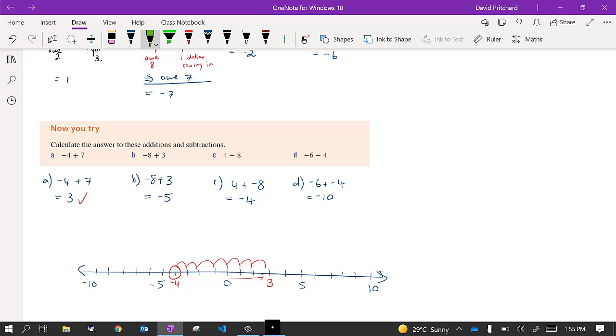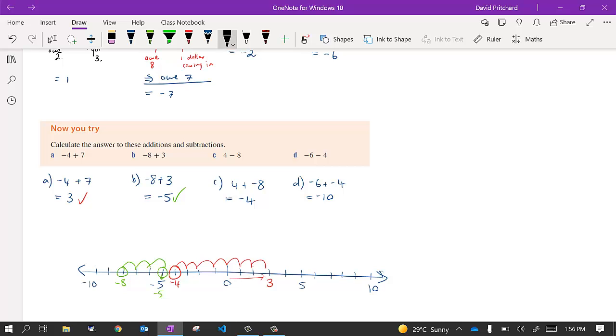We have -8 plus 3. So if we start at -8, so that's -5, -6, -7, -8. And we're adding 3, so that means we're jumping forwards 3 times. So we go 1, 2, 3. And here's our finishing spot, which is -5. So again, we can confirm that -5.